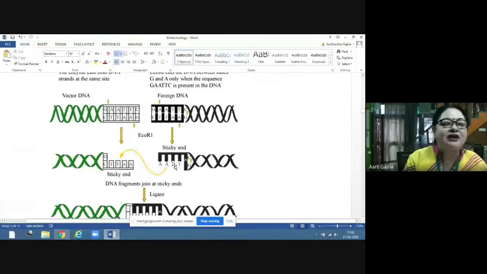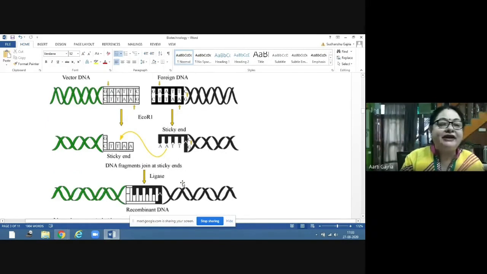These two are called sticky ends. Sticky ends means they are ready to stick, with the help of complementary base pairing and the DNA ligase enzyme. These sticky ends will join at the sticky ends by ligase.